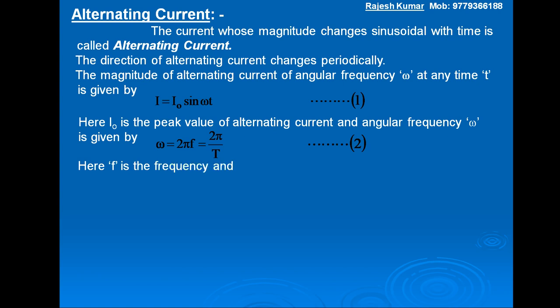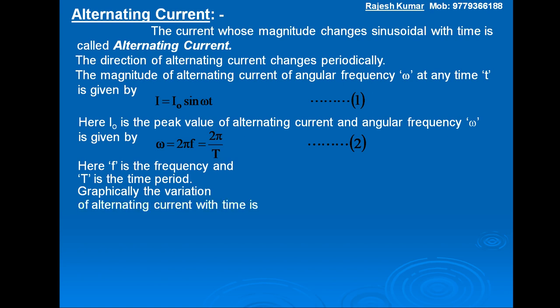Here small f is the frequency and capital T is the time period of alternating current. Graphically, the variation of alternating current with the time is shown in the figure.